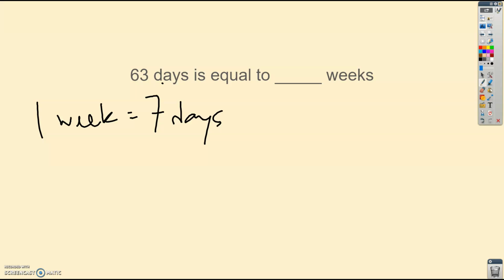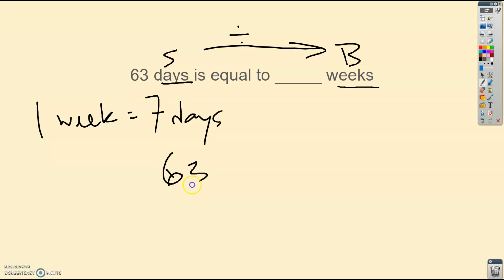All right, so we have days and weeks. You got to label which one's bigger or smaller. Days are smaller, weeks are bigger. So we're going small to big, divide the pig. That means we would have 63 divided by 7. Well, I know my math facts. I know that 7 times 9 is 63.